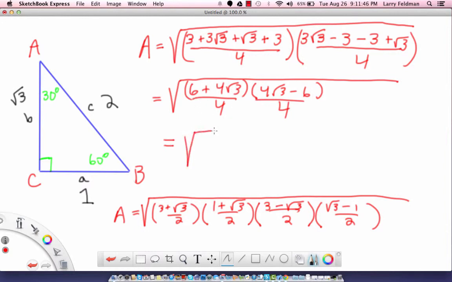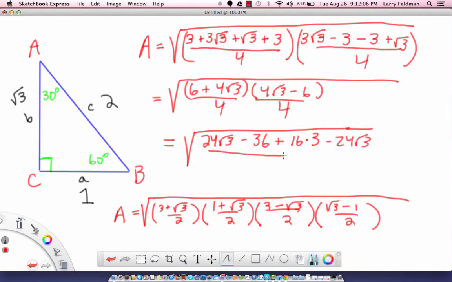We get square root, 24 root 3, that's the first terms, minus 36 plus 16 times 3 minus 24 root 3, all over 16.